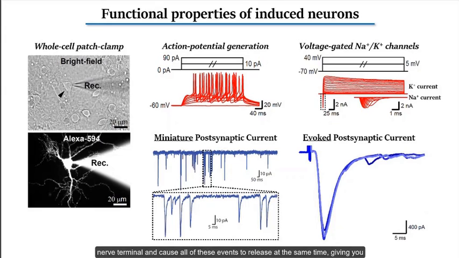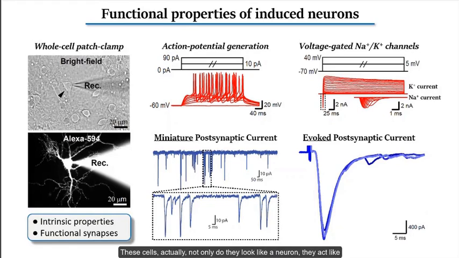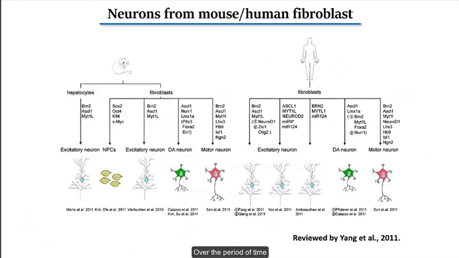You can also stimulate the presynaptic nerve terminal and cause all of these events to be released at the same time, giving you a gigantic response. That's called evoked postsynaptic currents. So yes, these cells not only look like neurons, they act like neurons too. They have the intrinsic properties and they have the functional properties as well.